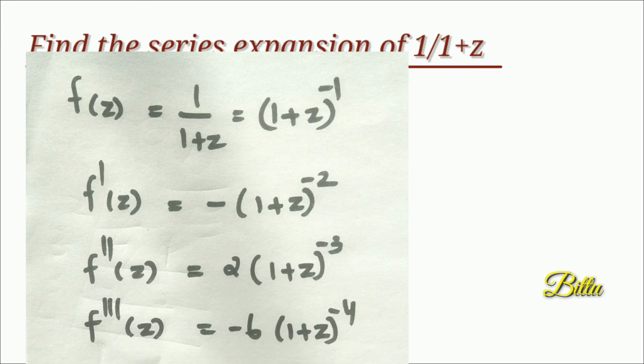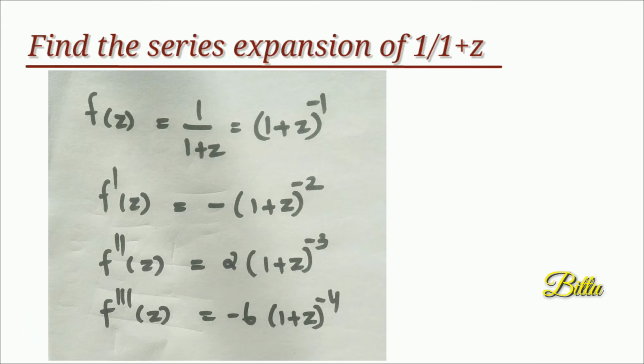Let fz equal to 1 by 1 plus z. Next, for the convenience of taking its successive derivative, you rewrite 1 by 1 plus z as 1 plus z raised to minus 1. So fz is 1 plus z raised to minus 1. F dash z: here the term is in the form x raised to n, its derivative is n x raised to n minus 1.